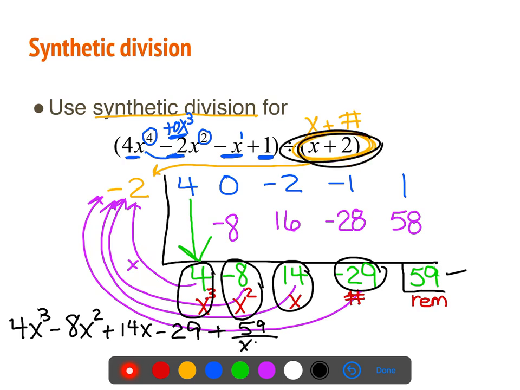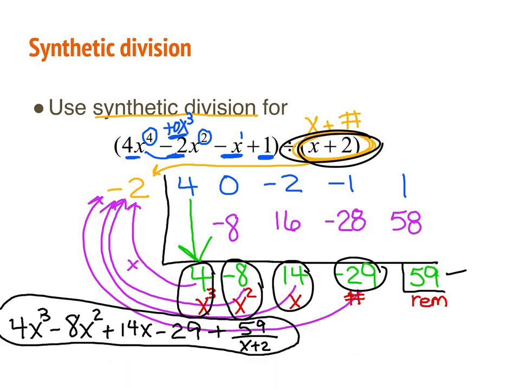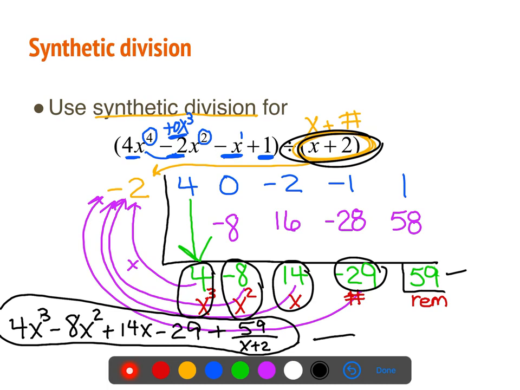And the number is negative 29. Now here's the hard part. Remember, if you have a remainder, you add your remainder over what you divided by. So this here in black is my final answer with synthetic division.